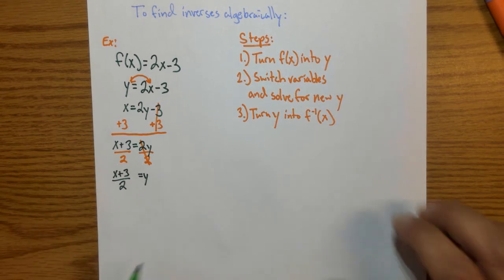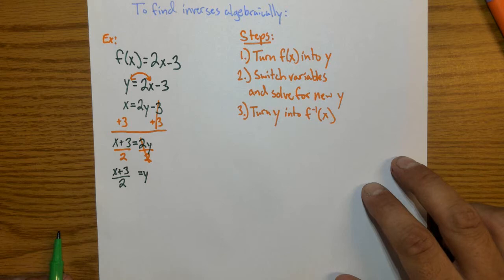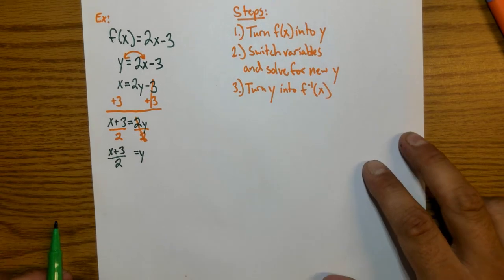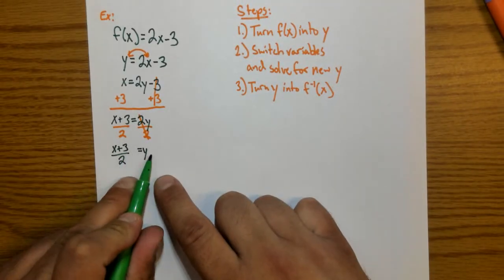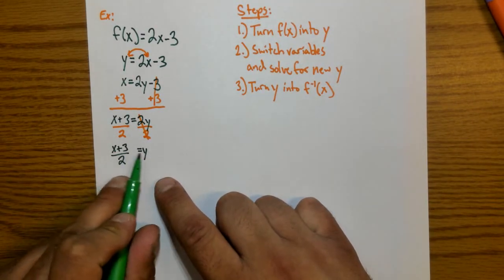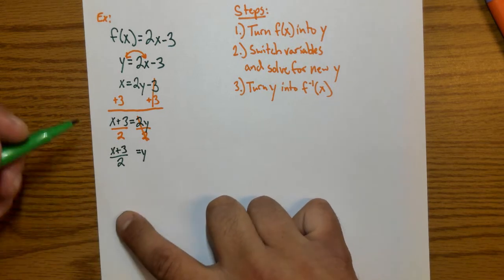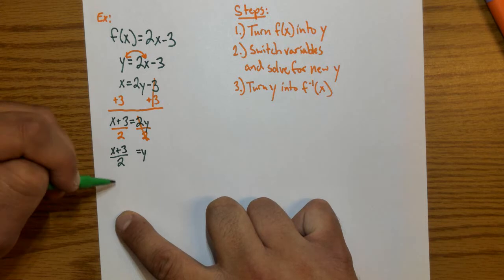So now that we have solved for our new y, our last step is just turn y into f inverse of x. And I'm just going to switch this. Remember, it doesn't matter what side things are when we're talking about equalities. So I'm just going to move this y over to the left, and switch it to f inverse of x.